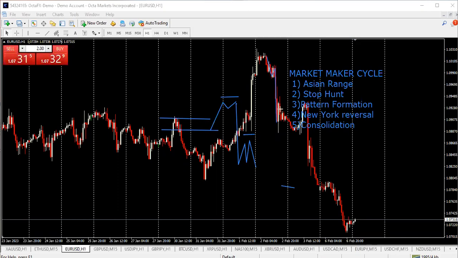If I'm wrong, you can just correct me. This is still a low because this level was not broken. So they say valid. So you move down, a lower low.